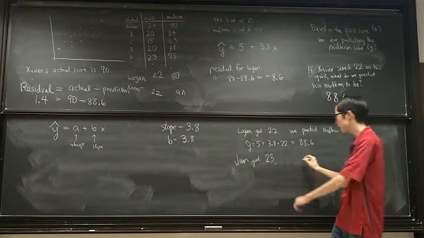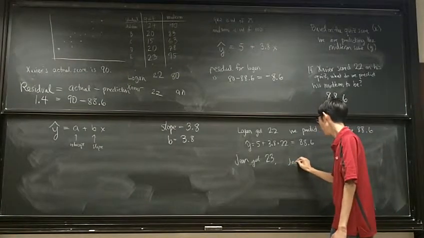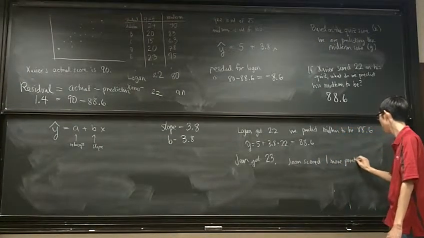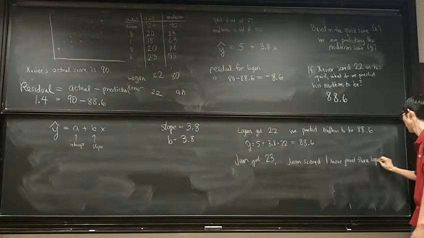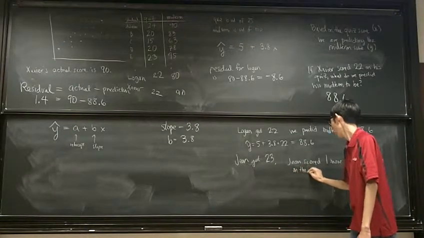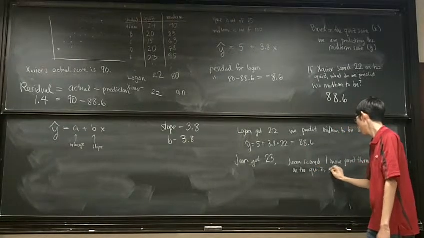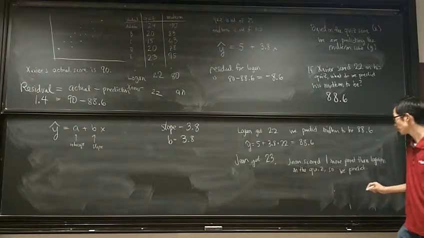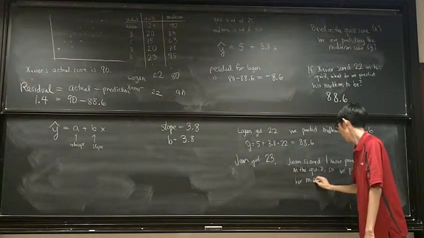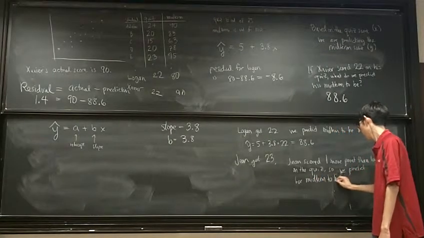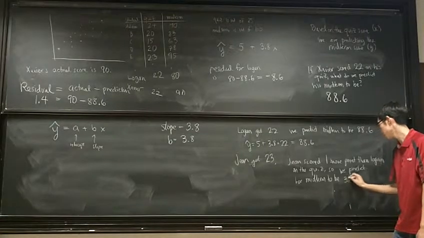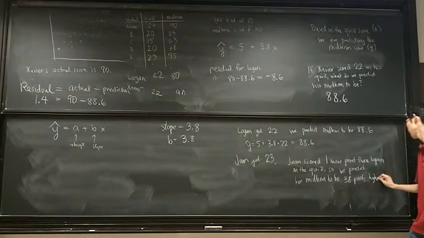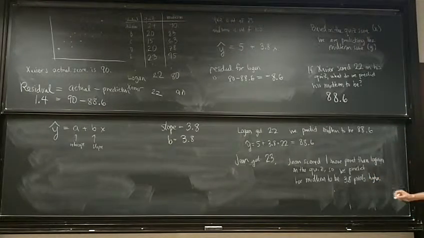Jean scored one more point than Logan on the quiz, so we predict her midterm to be 3.8 points higher. Does that make sense?